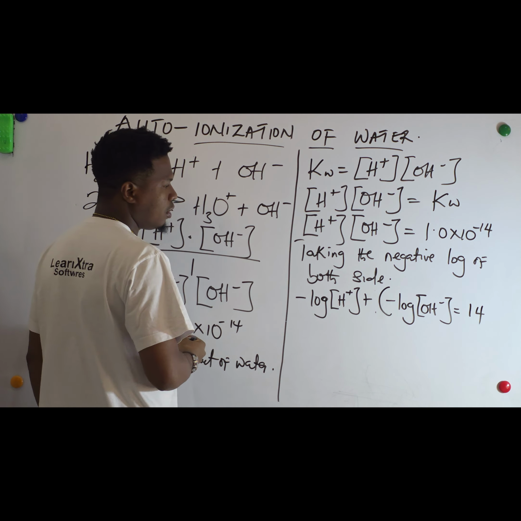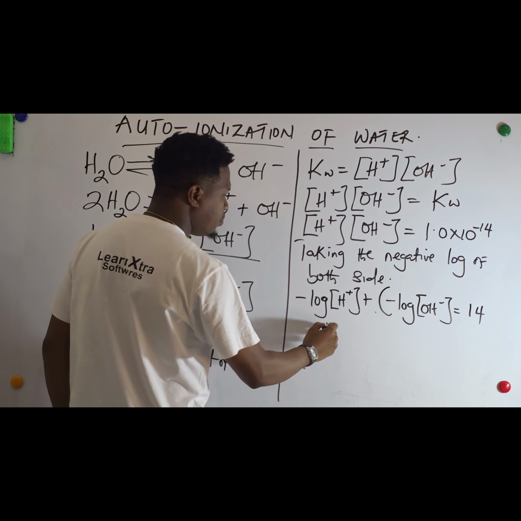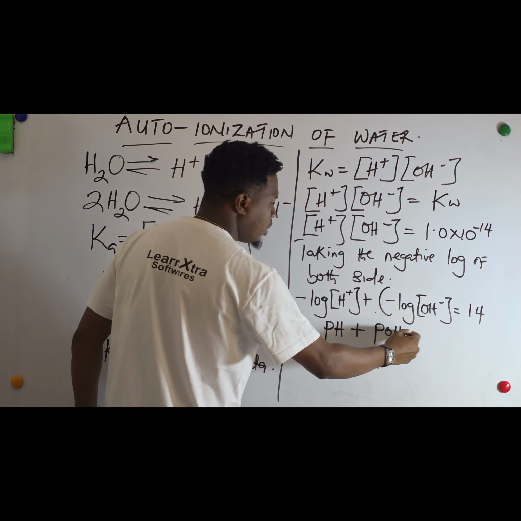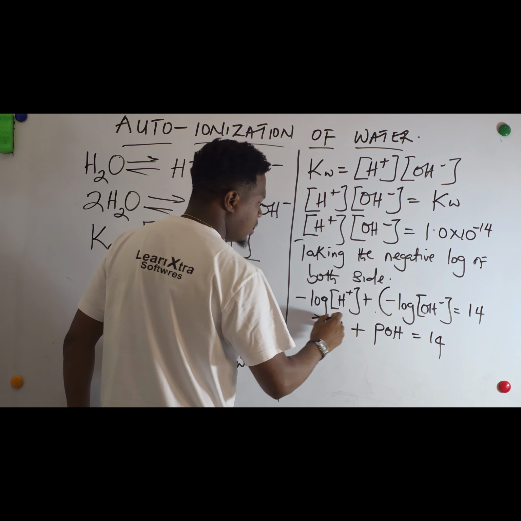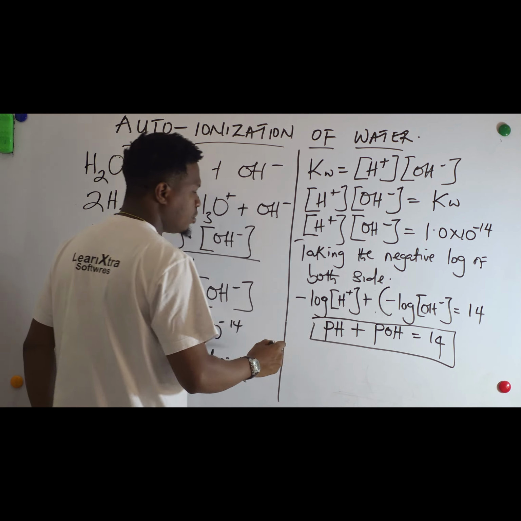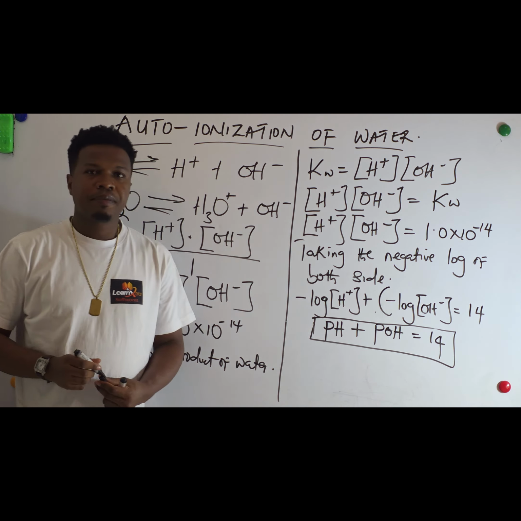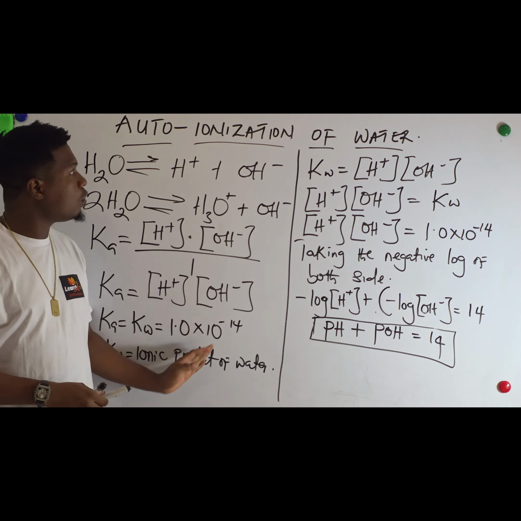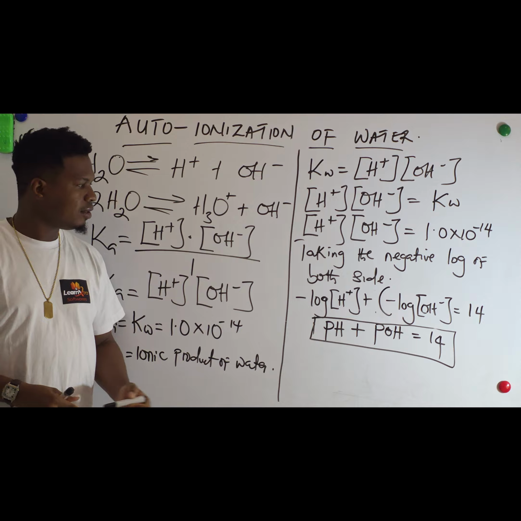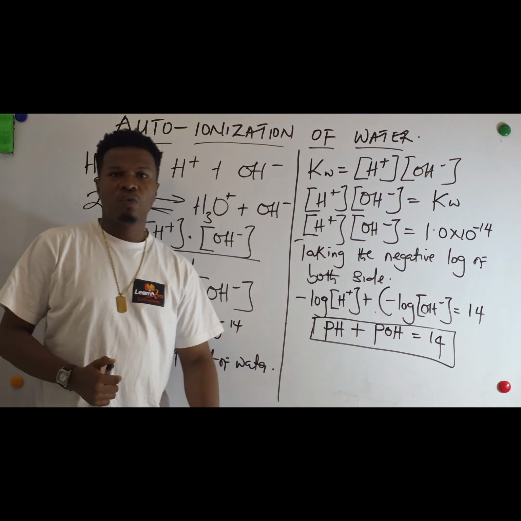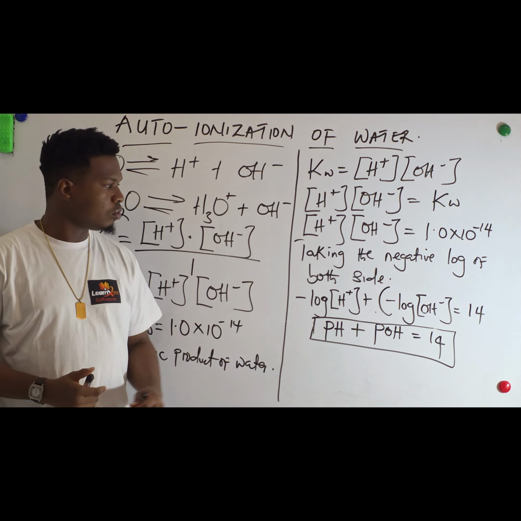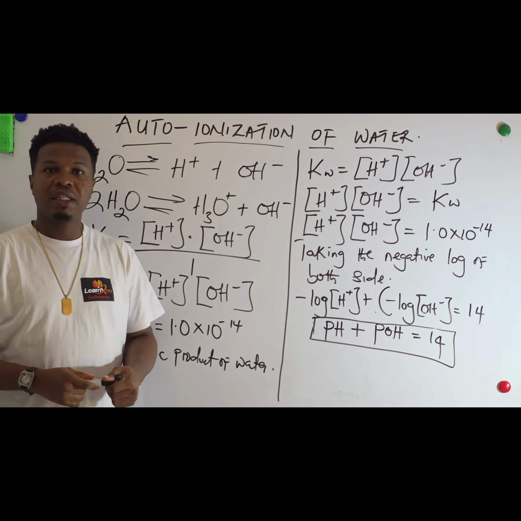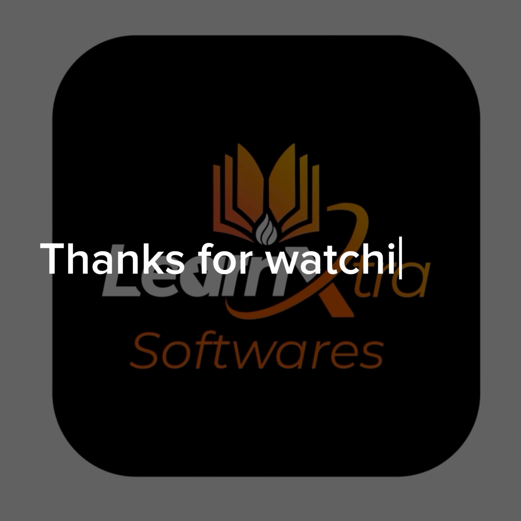The negative log of the hydrogen ion concentration gives you pH, plus the negative log of the hydroxide ion concentration gives you pOH, equal to 14. So you can generate this equation from the auto-ionization of water, which is helpful. We can use this equation to do a lot of solving in the concept of pH and pOH.